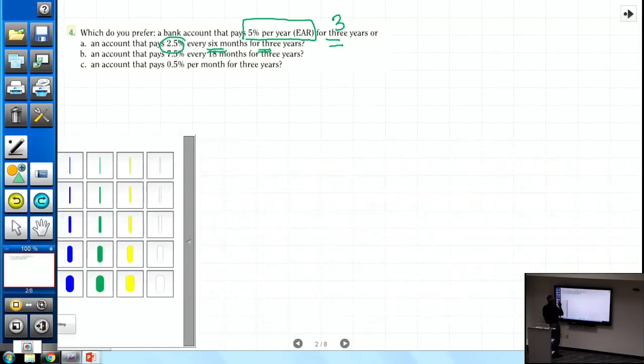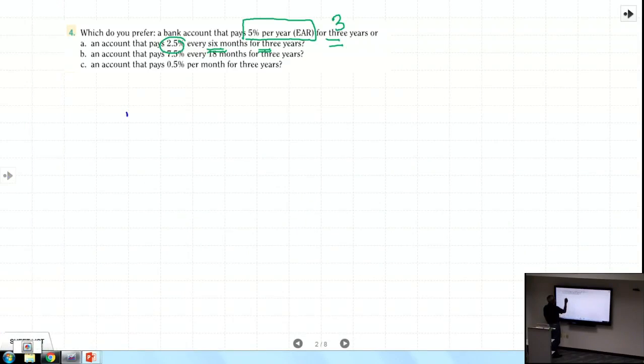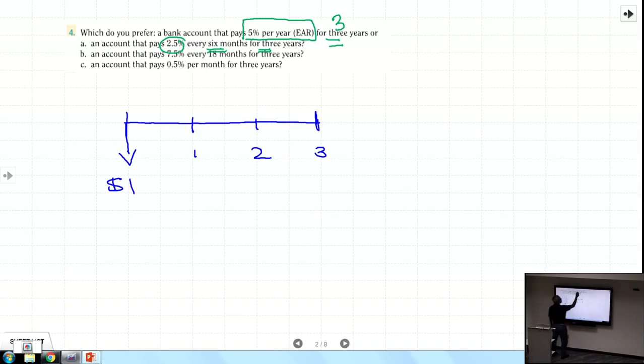So you can put this on a timeline. If you put a deposit of $1 today, and that $1 was paying you 5% interest per year, what will be the future value in 3 years?